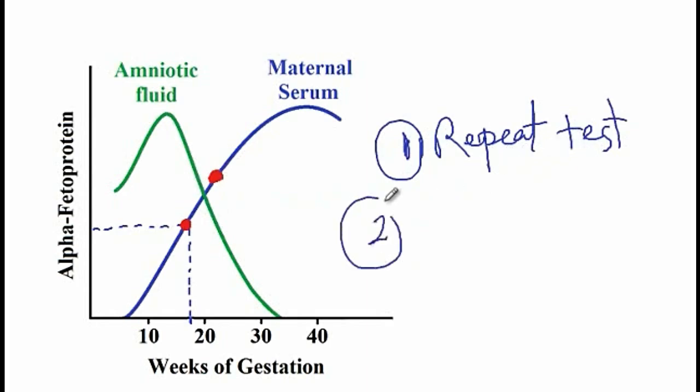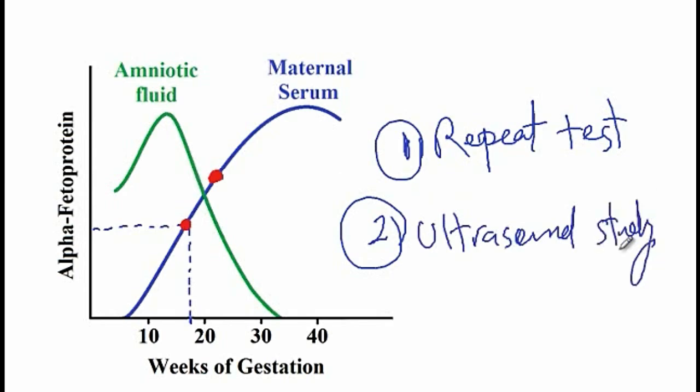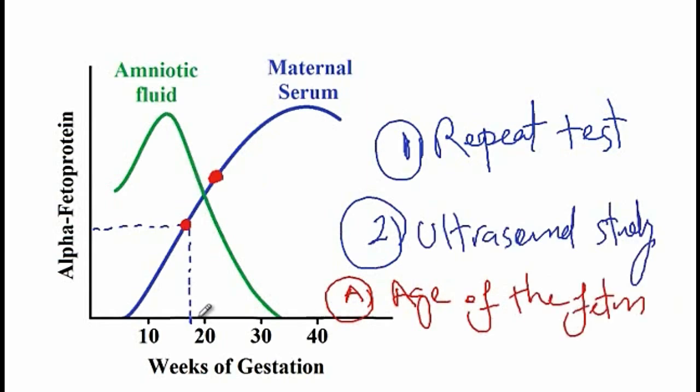And then the second step, if the repeat is again abnormal, is to do the ultrasound study. An ultrasound study is for two purposes. One is to find the age of the fetus. And so here we are assuming that the age of the fetus is 18 weeks gestation.